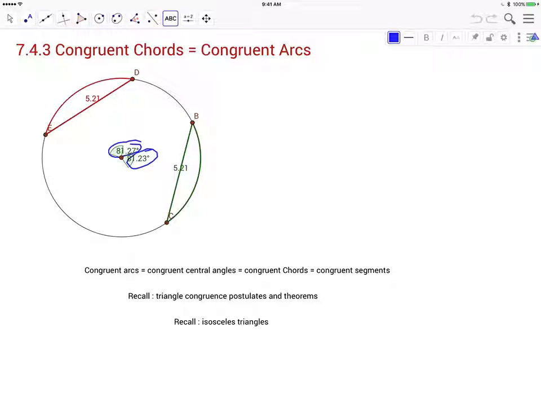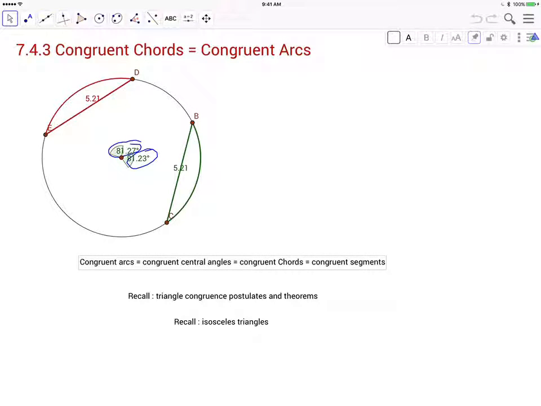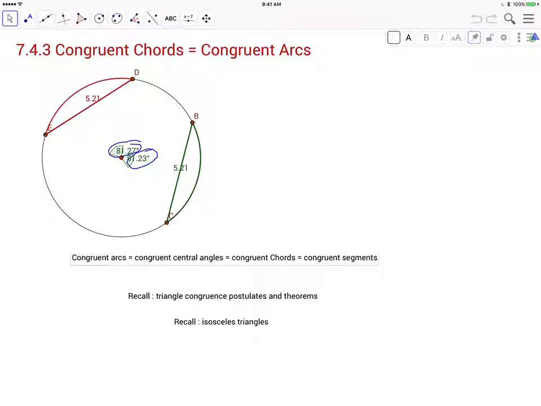So in this case, we've created 2 congruent segments, which are chords, and therefore the arcs will be the same. And what you have down here is congruent arcs is the same as congruent central angles, which will create congruent chords and congruent segments.